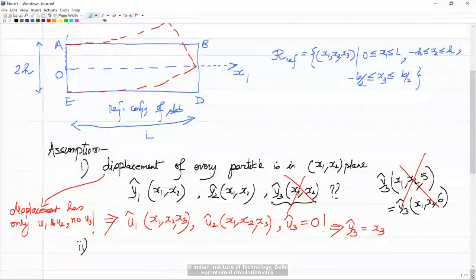So the second assumption says every plane x3 equal to constant in this reference region deforms identically.